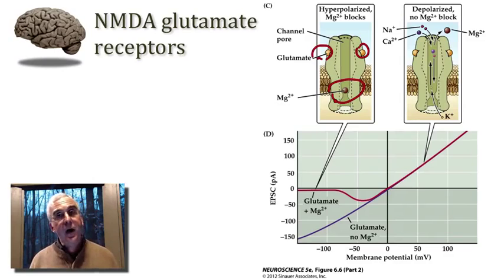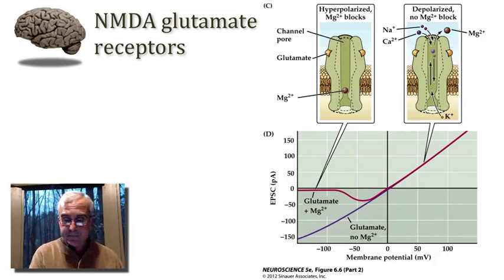And this is a problem for the conductance of the channel, because even if the pore of the channel is opened by the binding of glutamate with the coagonist glycine, current is not going to flow through this channel if magnesium is present. Magnesium essentially blocks the flow of current through the channel.